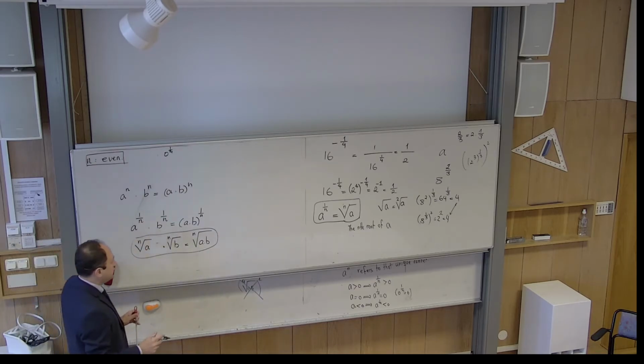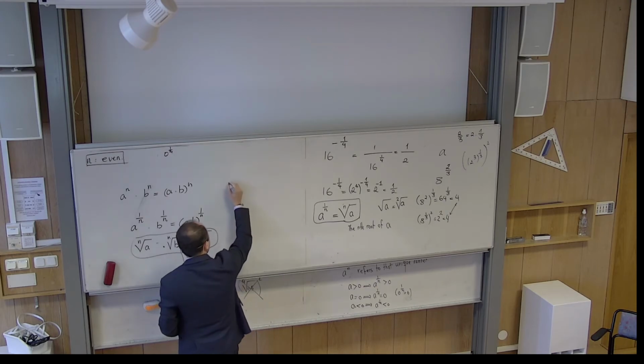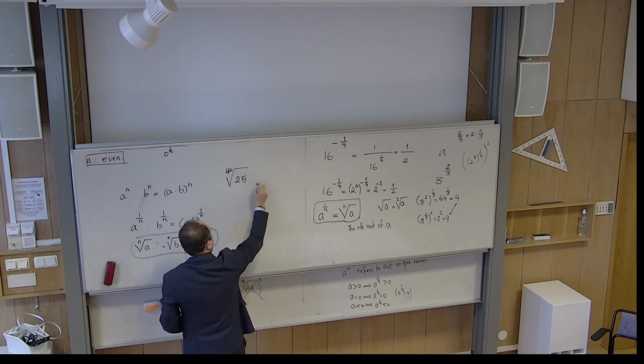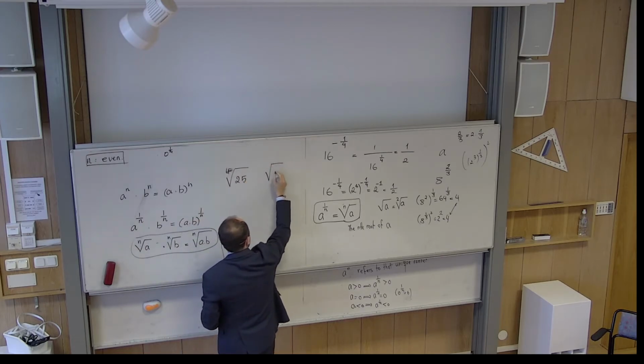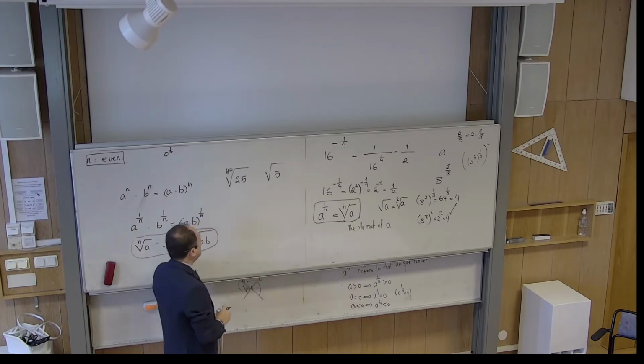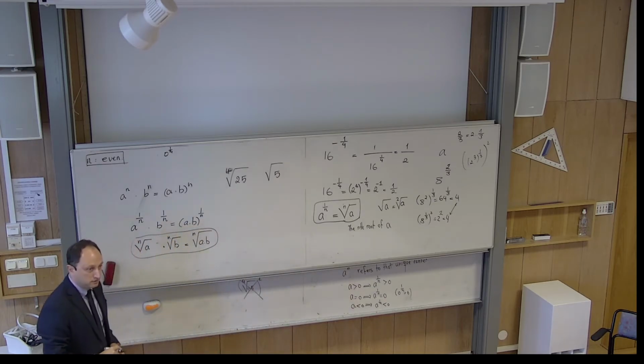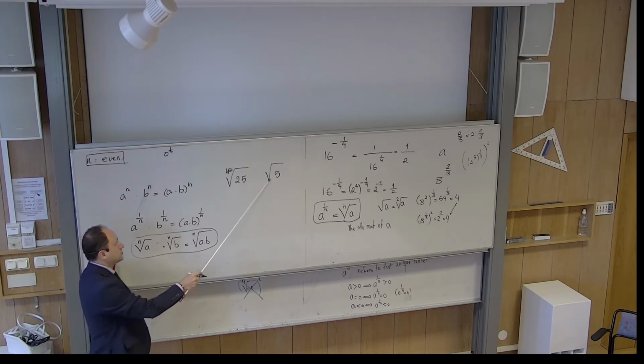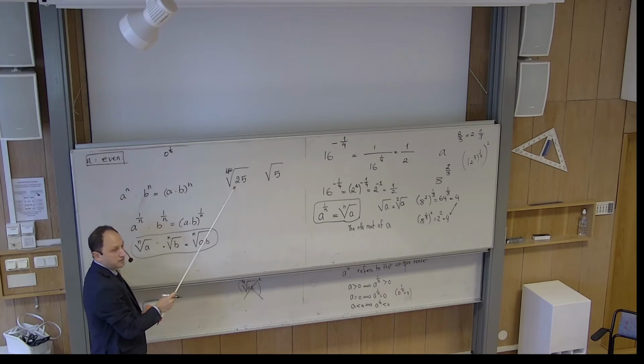Okay, let me ask you another question. The fourth root of 25 and the second root of 5. How do you think they are related? If you ask me, Babak, do you know the exact value of this number? I would say no. If you ask me, do you know the exact value of this number?